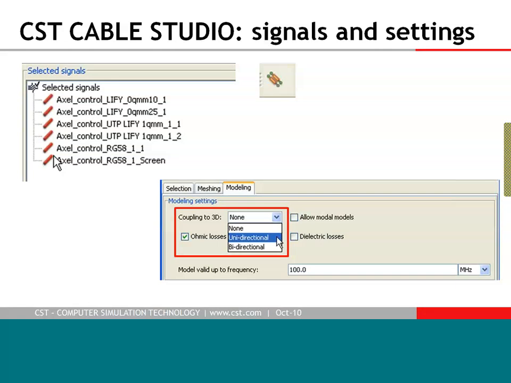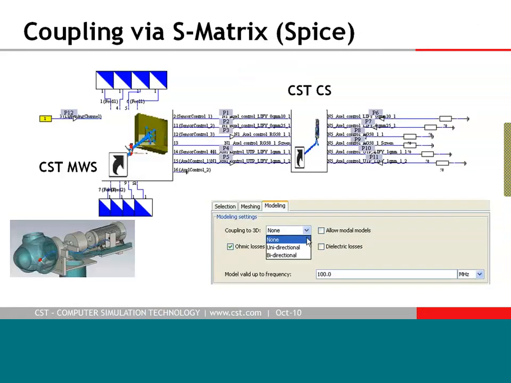So I select none, and at the end, I have here my Cable Studio block, which is just representing S-parameters, or just a SPICE network. Since I have no coupling defined with the 3D, I have to define the coupling by myself.